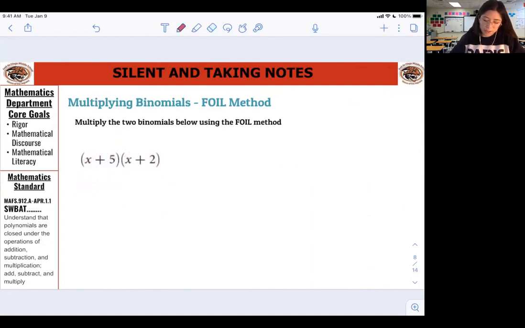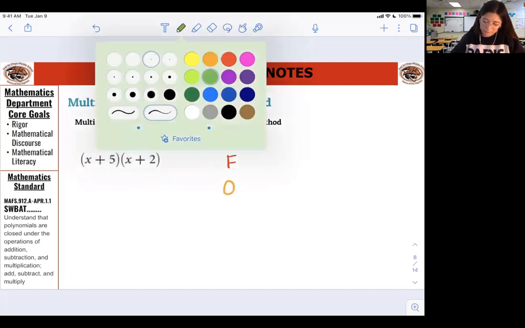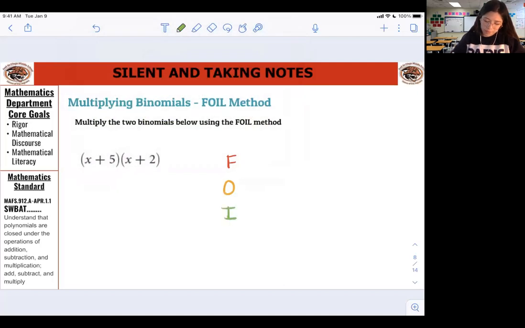So the letters in FOIL stand for different things. I want everyone to go ahead and write these down. F, O, I, and L. F stands for first. O stands for outside.